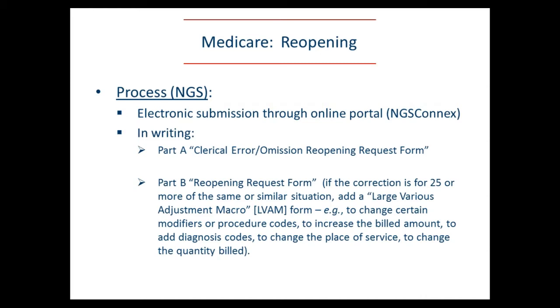There are certain modifiers, not every modifier, but certain modifiers or procedure codes, when you're changing them, may fall into this category. Changing the place of service, changing the quantity billed, those are all things that may be important to use the additional LVAM form.